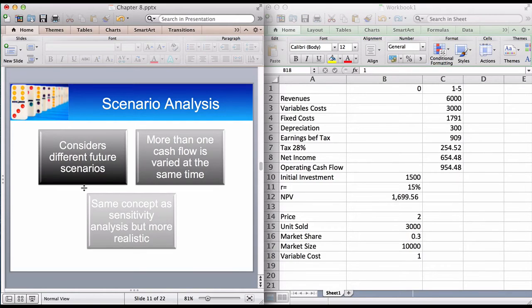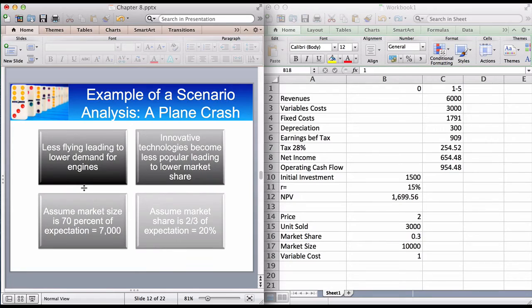That gives a lot more detail, and it's intuitively appealing to decision makers, because they can think about these scenarios and say, well, how likely is that scenario to take place? So the difference between a sensitivity analysis and a scenario analysis is that in sensitivity analysis, you vary one input at a time. With scenario analysis, you vary more than one input, and you create scenarios.